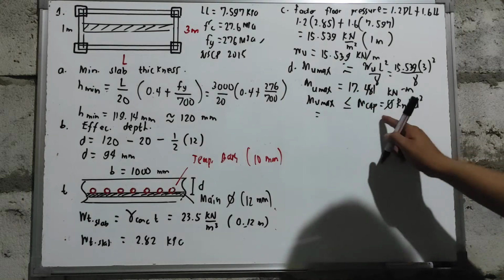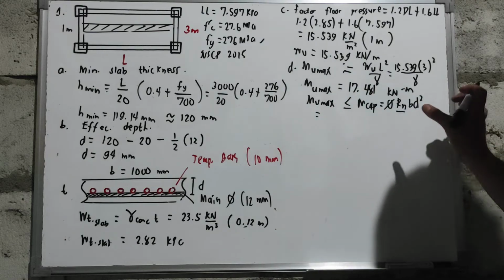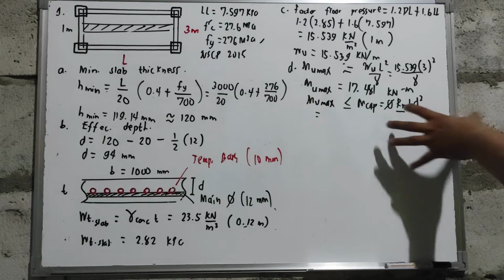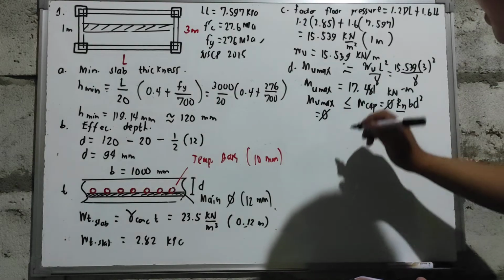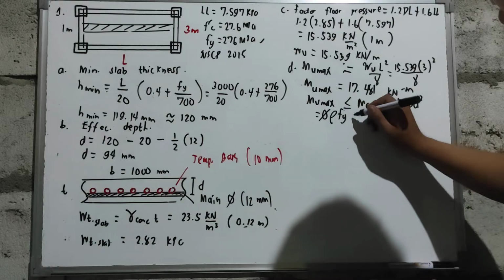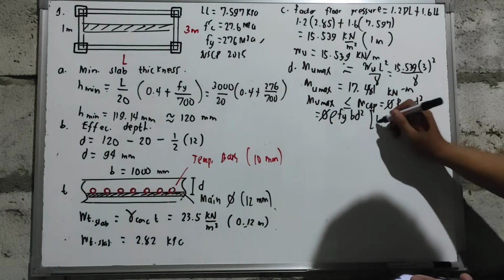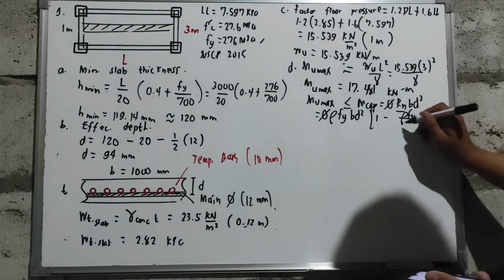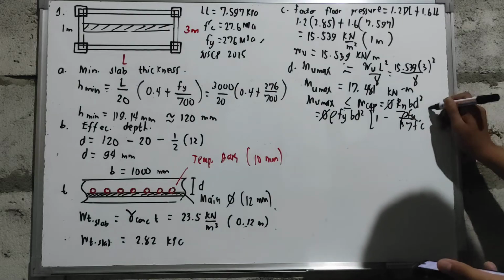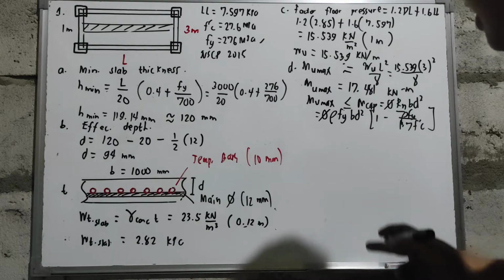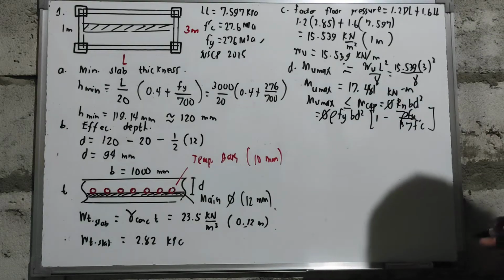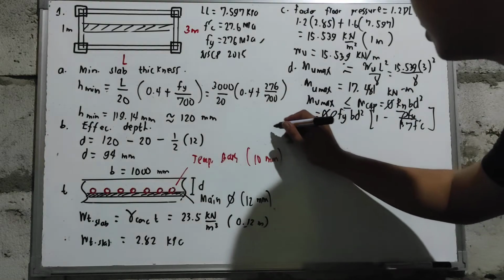Or i-decongest natin yung Rn, that will become reduction factor rho Fy BD squared (1 minus rho Fy over 1.7 F prime C).